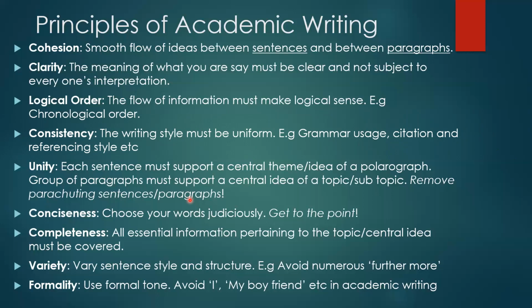Can you please remove it? The same with topic. If you say this topic is asexual reproduction, and then I find a paragraph that is talking about sexual reproduction, then I'll say no, this is a parachuting paragraph. It does not relate to the topic. Can you please remove it? So, as students, we should be able to identify parachuting sentences and parachuting paragraphs in our text.